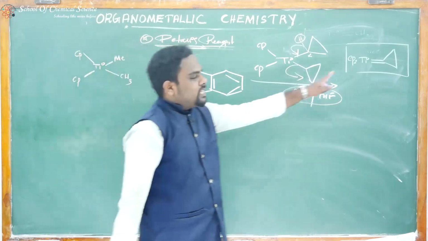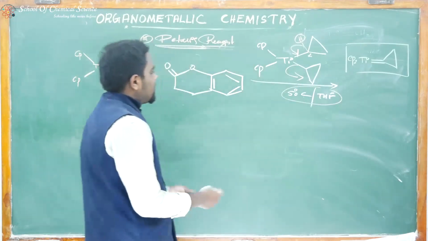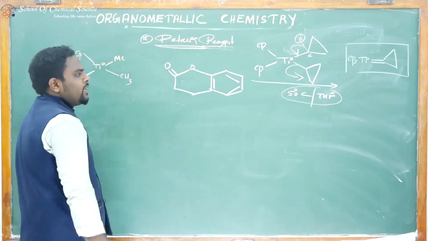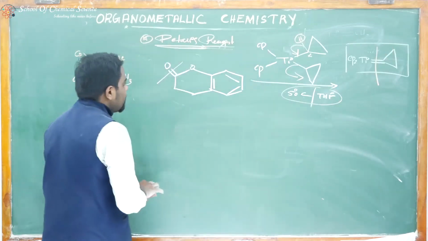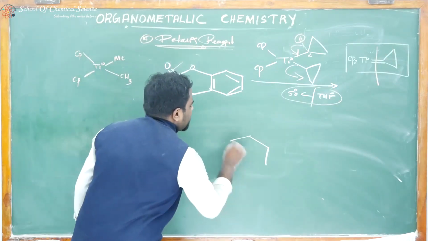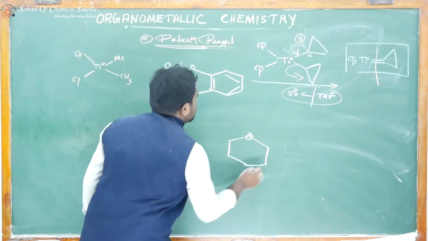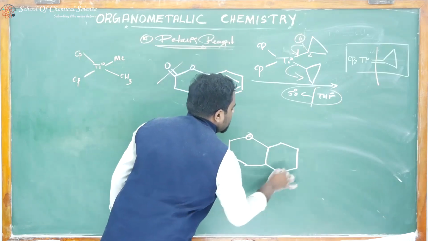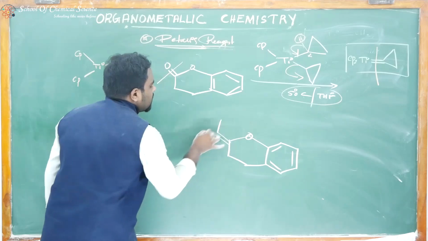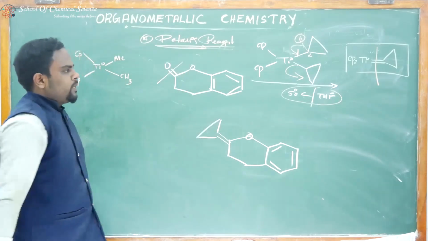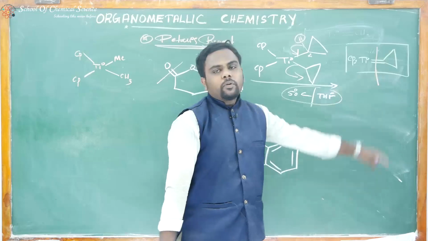What happens in the next step? Same, it's a carbonyl group, cut and paste. So your product will be oxygen, six-membered ring, here a double bond to the cyclopropane system. Instead of CH2, here the cyclopropane system.